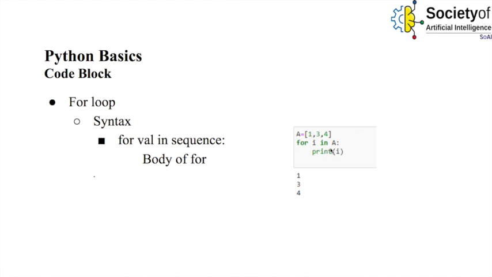This is the syntax: for I in A. That means this I is a variable in A that starts from the first index, print I, and by default the incrementation in for loop is by one index. So first it will print 1, then 3, then 4, that is the elements in this list named A.